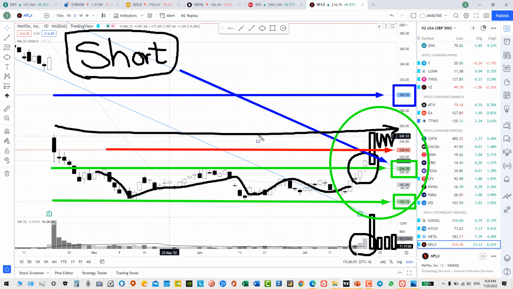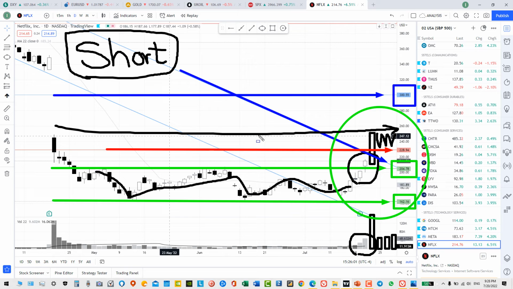So it's obvious we need increasing volume during the break above 228. Until then, we cannot consider that the last 3 or 4 sessions changed the bearish structure of the stock. We need a break above 228.